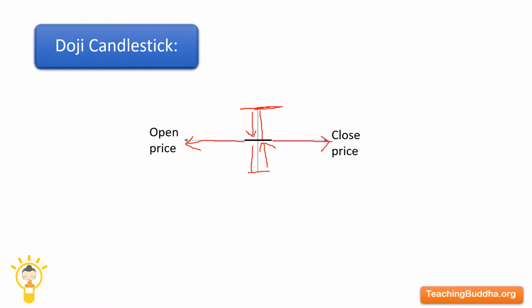So, when you see a doji candlestick, the following candlestick will help you to recognize where the trend is going. For suppose, if you see a bullish candle right after the doji candlestick, then there is a possibility of the trend going upward.